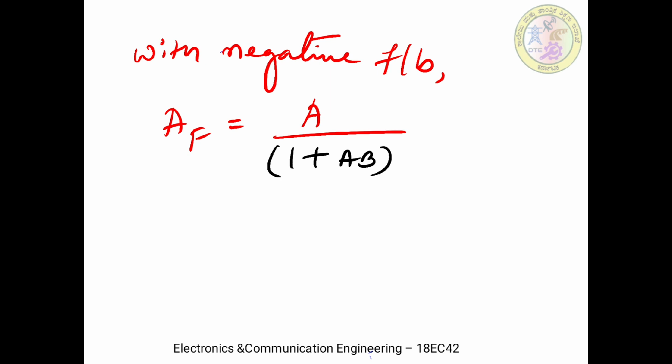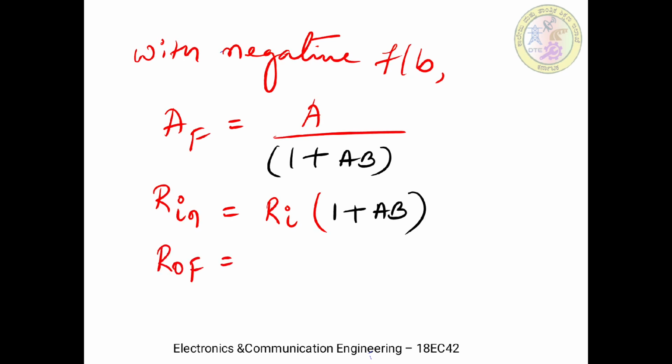At the same time, the input resistance Rin is increased by an amount 1 plus AB. And the output resistance ROF is R naught divided by 1 plus AB.